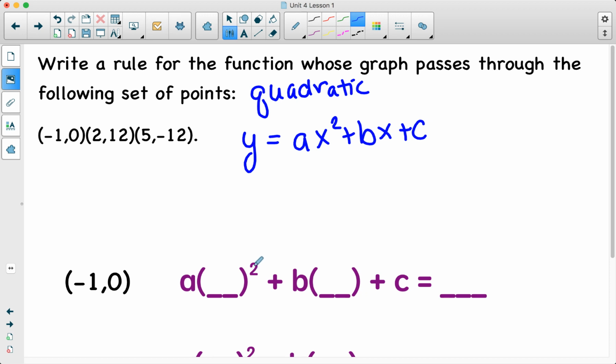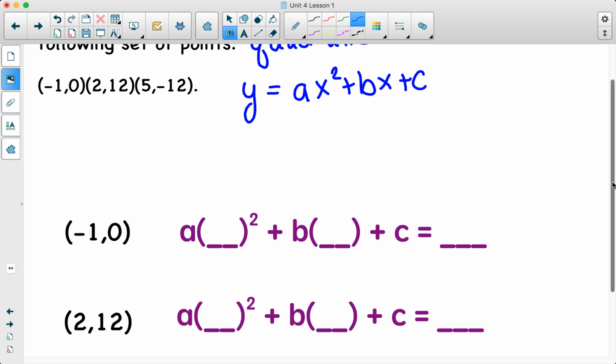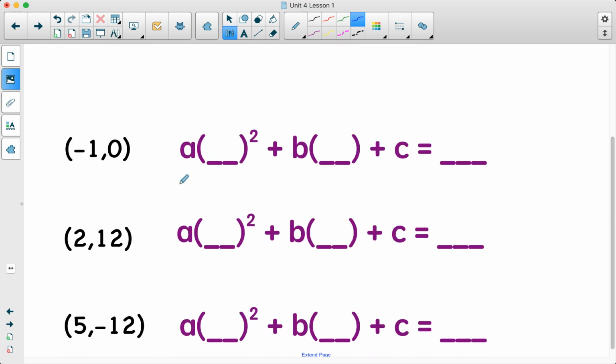All right, so first thing we're going to do here is go ahead and fill in and set up each of our equations. So I just have the general form here, which you should always follow. So remember, ordered pair, we've got x and y for each of these. So I am plugging in the x value into each of these parentheses, and then it's equal to the y value.